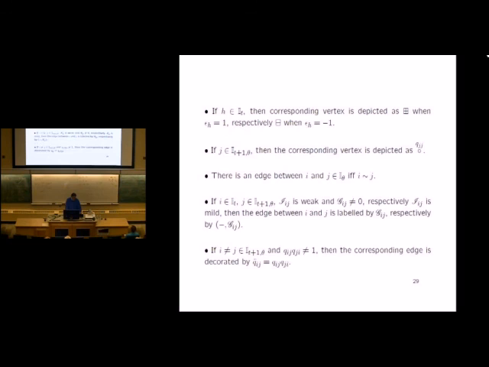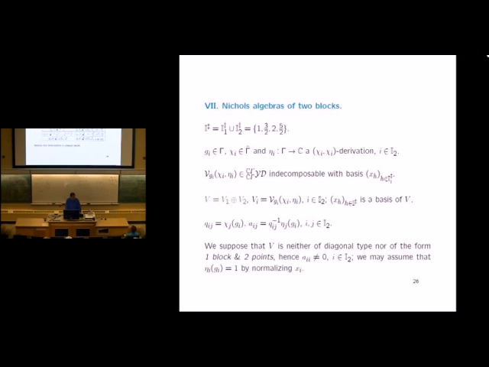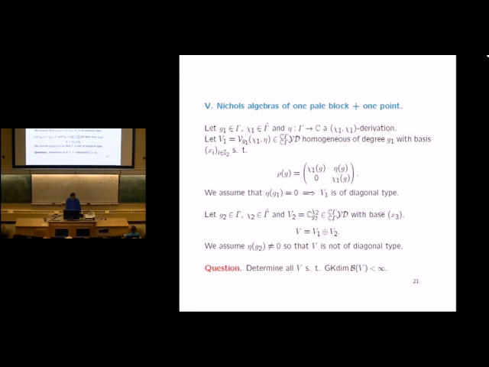And to finish the classification, because this does not deal with all braided vector spaces, as I showed you, the case of one pale block and one point is one case which is not of this class, but we believe this is feasible, but it still needs a lot of work, which for the moment we have no time to do. So I think this is all what I wanted to say about this question. So thank you very much.